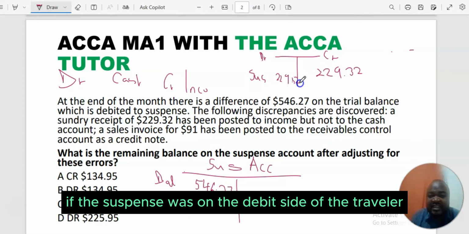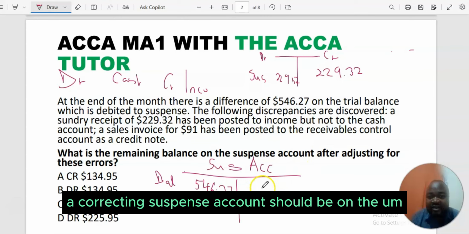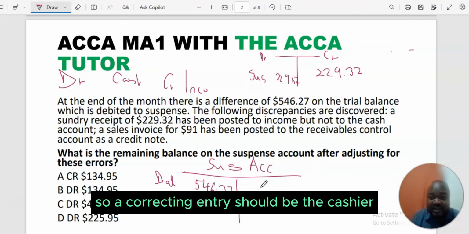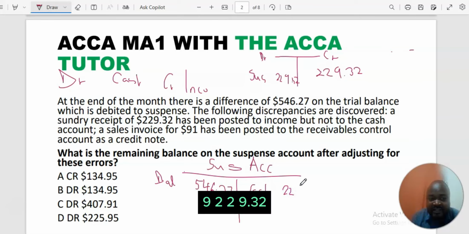So if the suspense was on the debit side of the trial balance, therefore a correcting suspense entry should be on the credit side of the suspense. So a correcting entry should be the cash here. So we should put cash for the equivalent amount of 229.32.